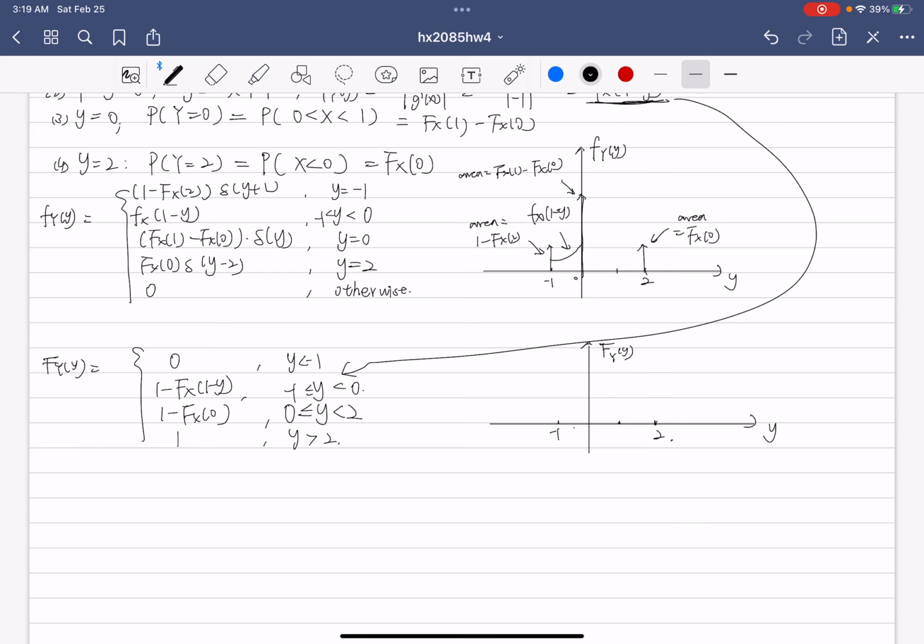When y is larger than 2, it's always 1. When y is less than -1, it's always 0. And from -1 to 0, it's equal to 1 minus F_X(1 minus y).